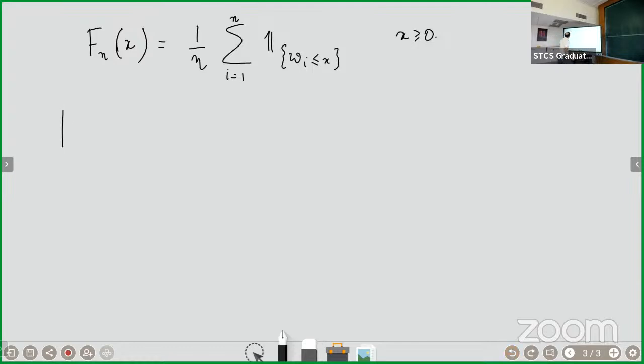So that's why I'm just writing it as an empirical distribution. If w_i is random, this is a random quantity.